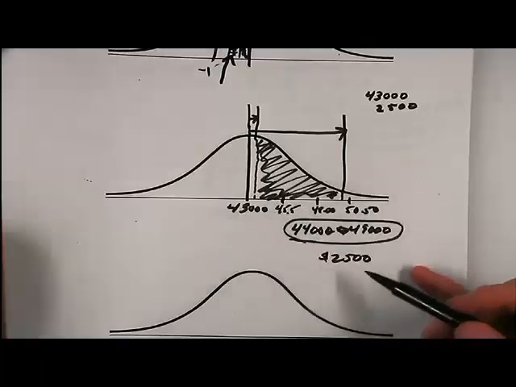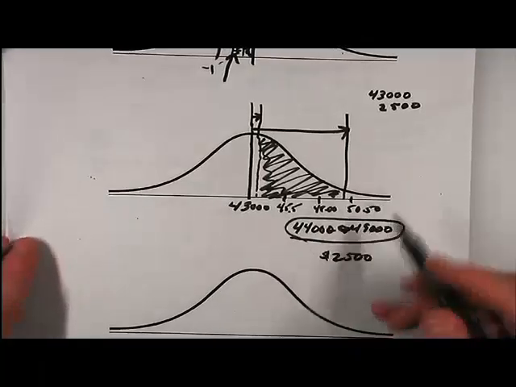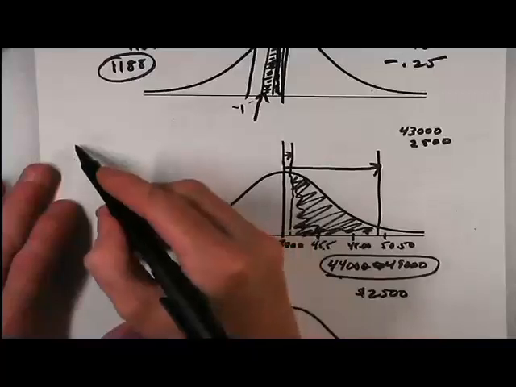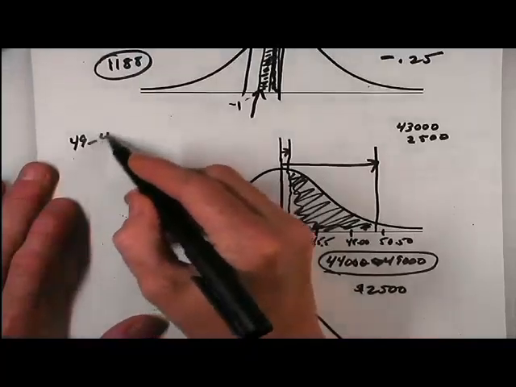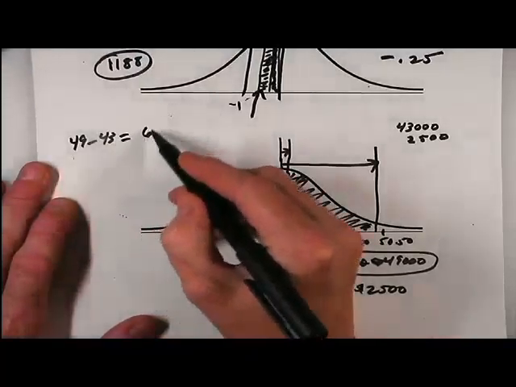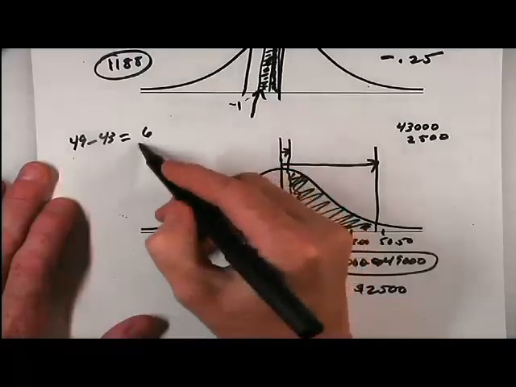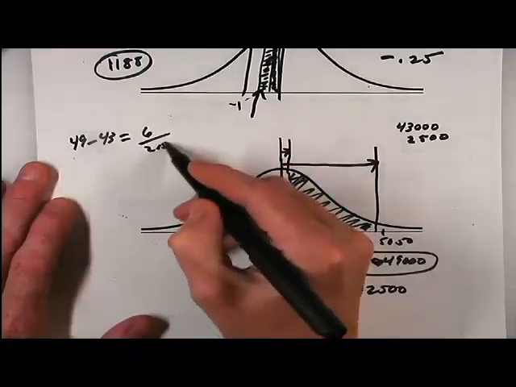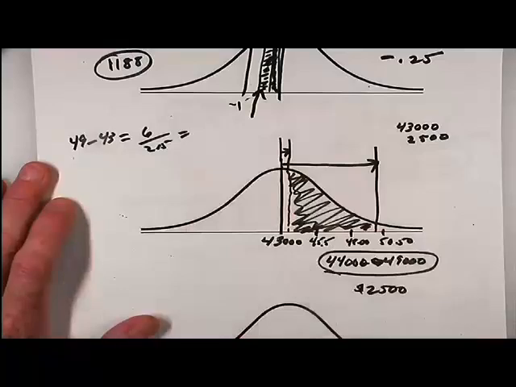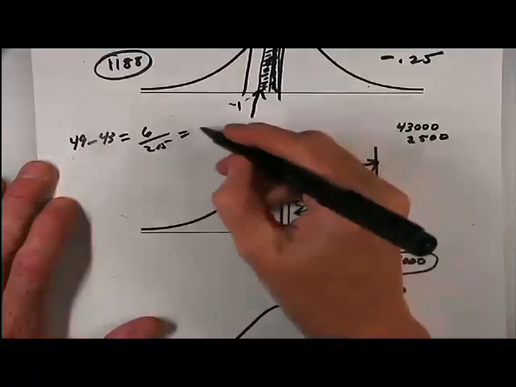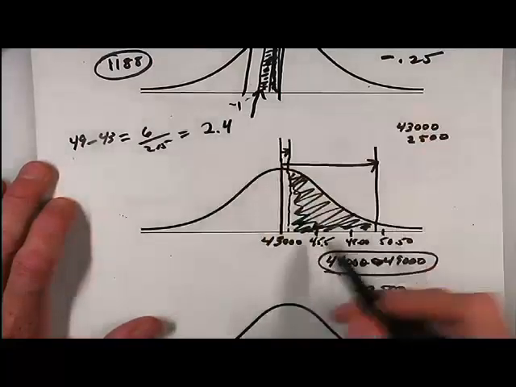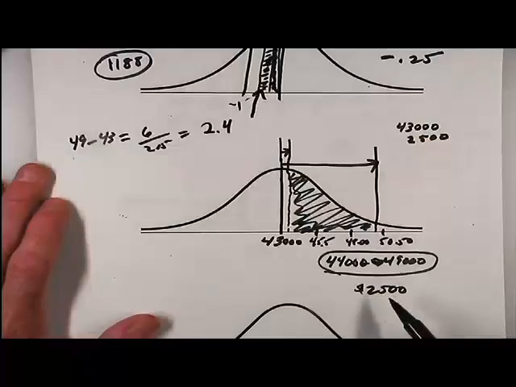So let's figure it out. All right, so let's do the 49. 49 minus 43 is 6. Divided by, you can say 2,500 or 2.5, same thing. So that's a 2.4. And it's positive, because it's on the positive side.